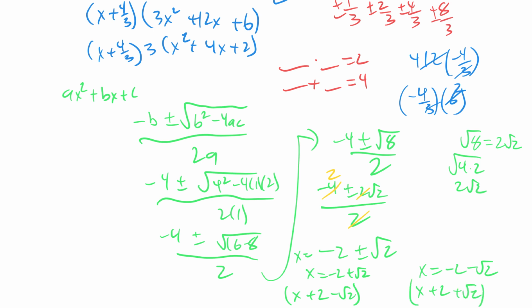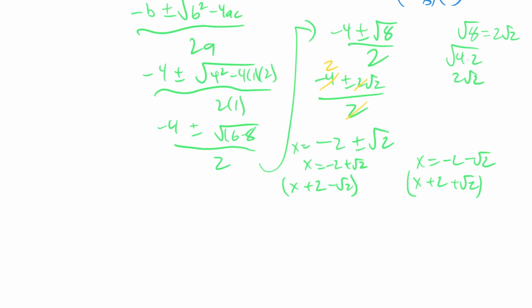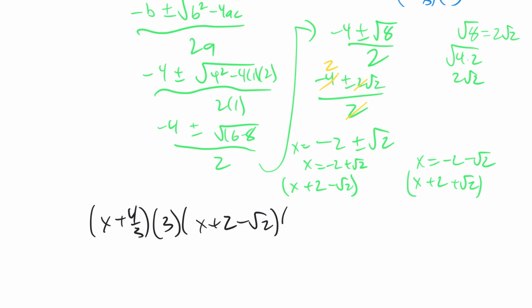So those are the two factors. Finally, we combine those with our initial x plus 4/3 and our 3 to get a final answer of x plus 4/3, 3, x plus 2 minus root 2, x plus 2 plus root 2.